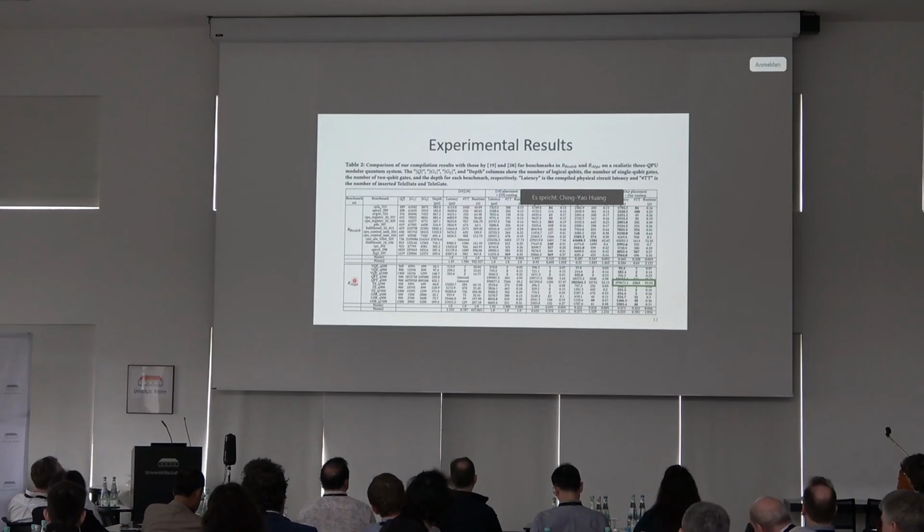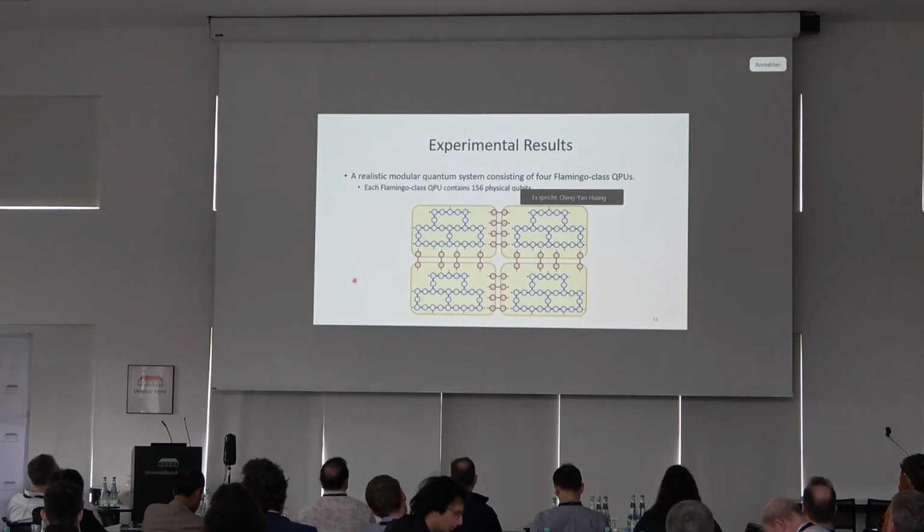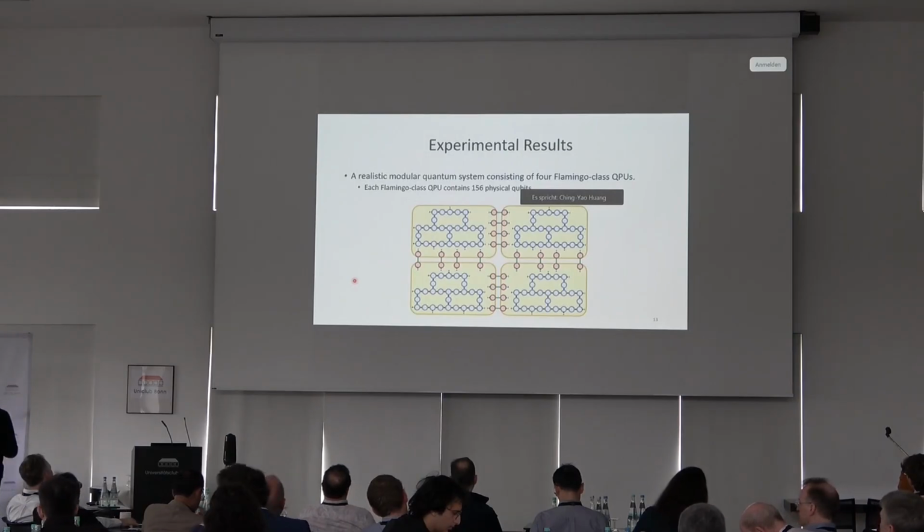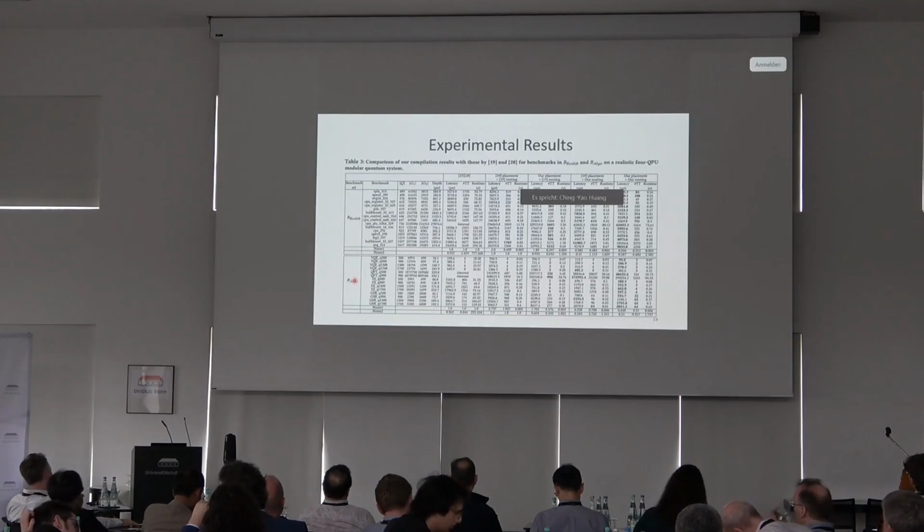In the second experiment, we extend the hardware setup to a system of 4 QPUs to evaluate the scalability of our approach, and the advantage of our approach over reference 19 and 28 is preserved.